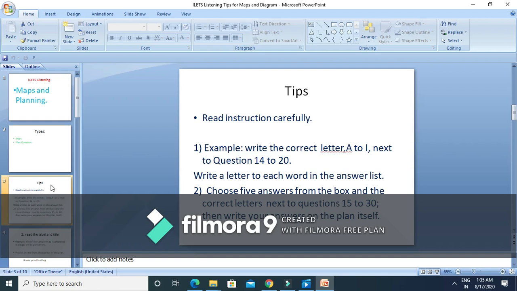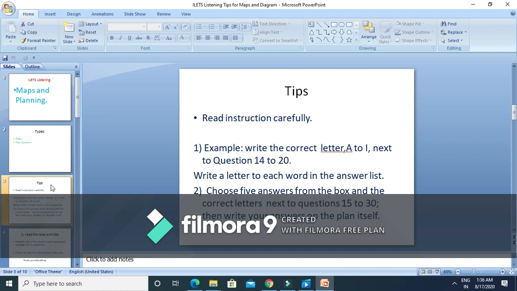You need not write a whole word. You need to write a letter only. That's number one. The number two tip that you need to focus on is to read instructions carefully. Very important.